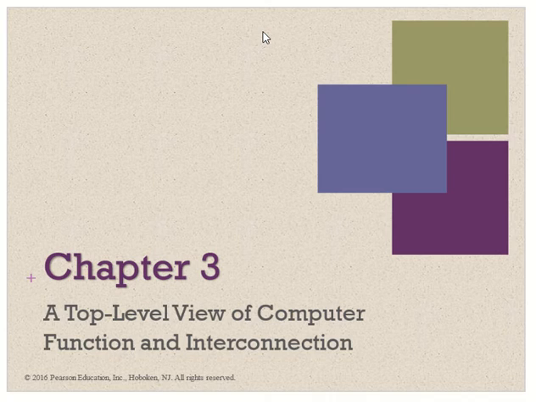This top level view of structure and function is important because of its explanatory power in understanding the nature of a computer. This is the main thing we are going to discuss in this chapter: structure and function of a computer system.